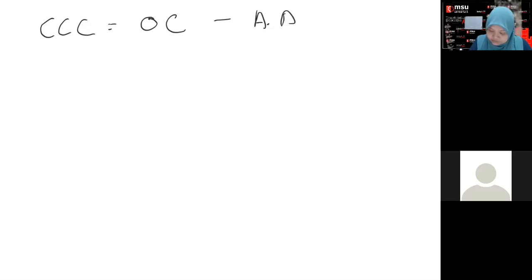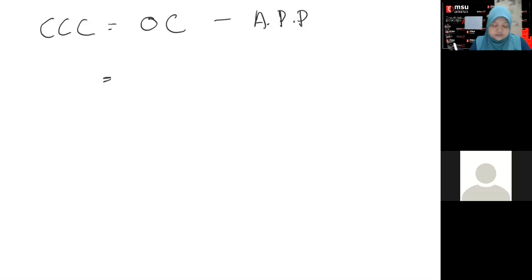Now you need to calculate the cash conversion cycle. So cash conversion cycle is equal to operating cycle minus average payment period.